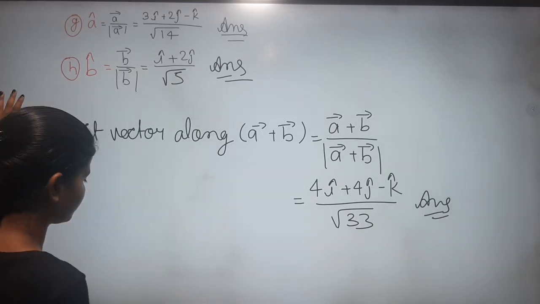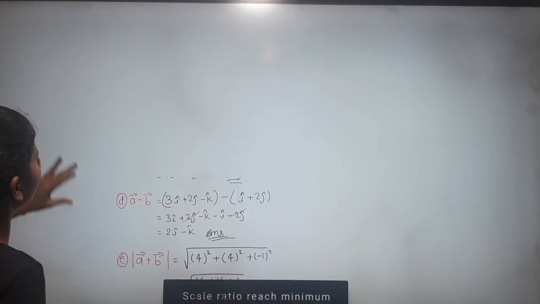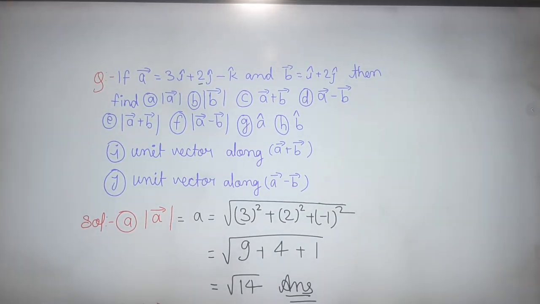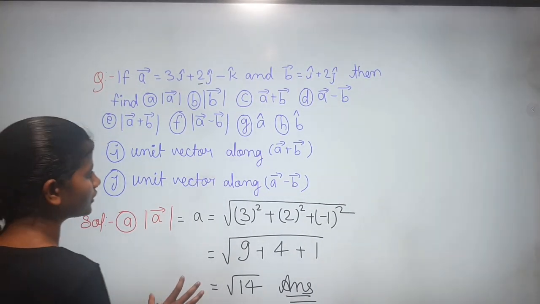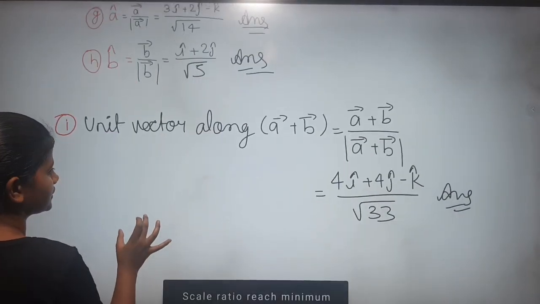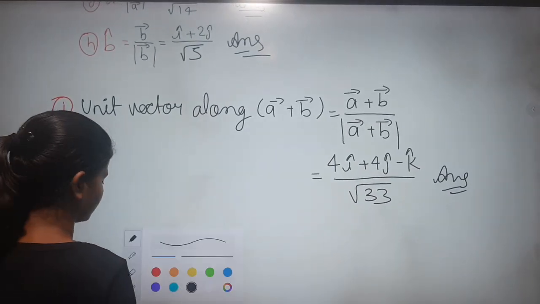Now let's solve the last question, that is the unit vector along a vector minus b vector. So now let's solve this question.